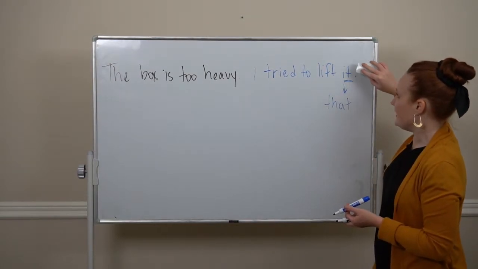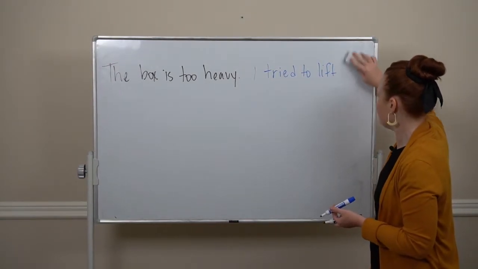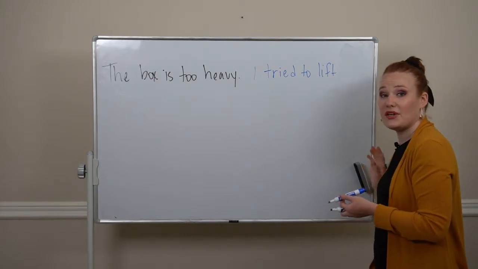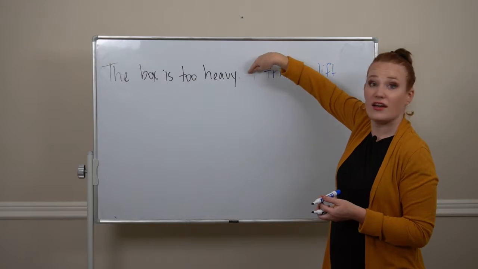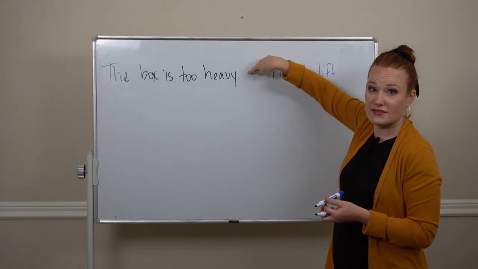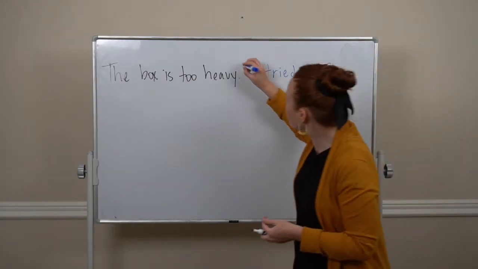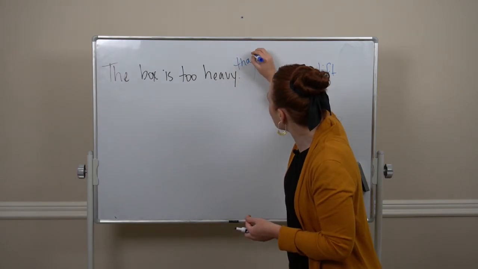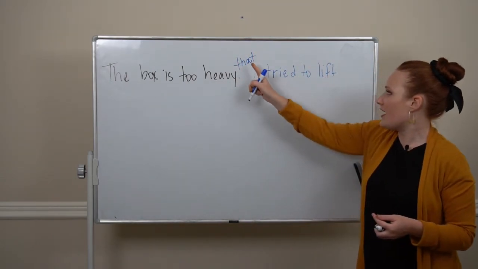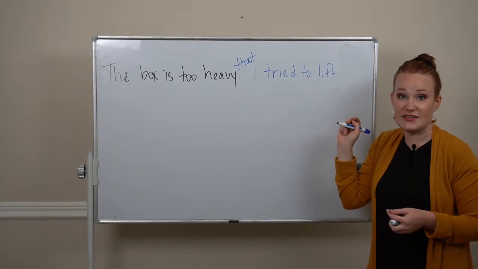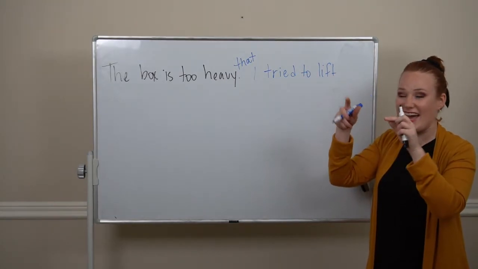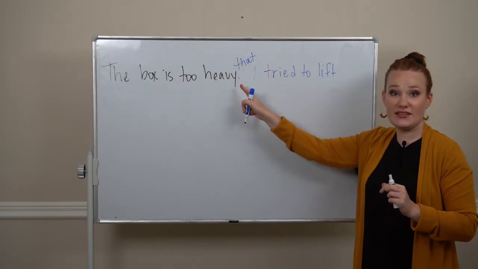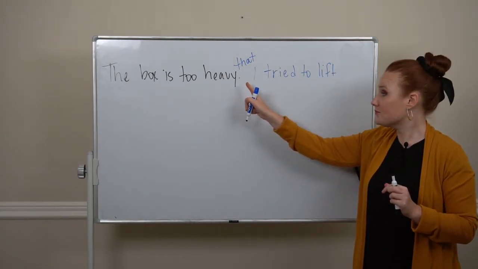So I'm going to replace it with that, and then I'm going to move that relative pronoun to the beginning of my relative clause. So now I have that I tried to lift. It is gone. It turned into that, moved to the beginning of the relative clause.